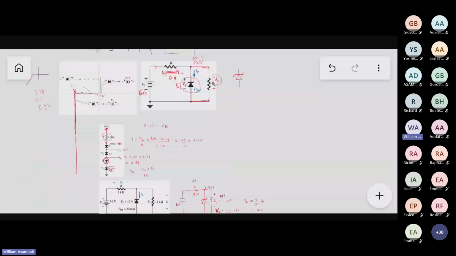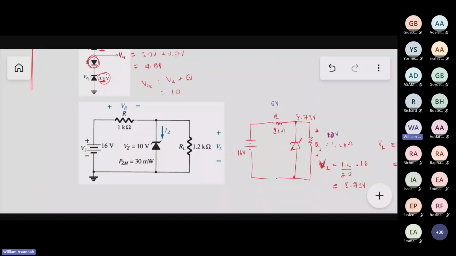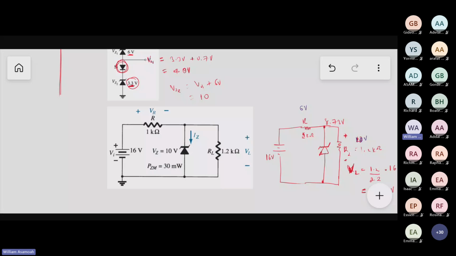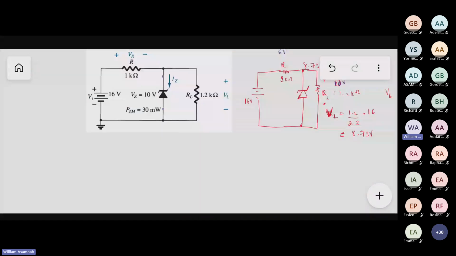When we turn the device on and it starts moving from 0, let's assume it goes to 5. When it goes to 5, this diode is still not conducting. It doesn't conduct. So the circuit is largely like a potential divider. That's why we say when you're analyzing it, take it off.